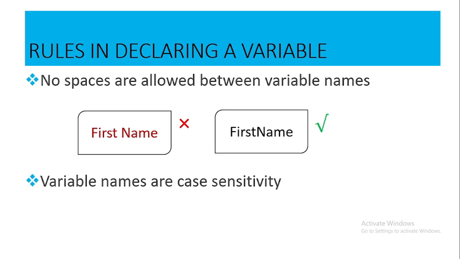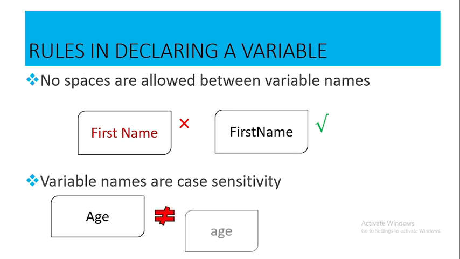So when we say case sensitive, what does it mean? We have this particular variable name as age, capital A, G, E. This particular variable name is not equal to this age starting with lowercase or small letter a, G, E. So the first age with the uppercase and then the second age with the lowercase are two different variable names.